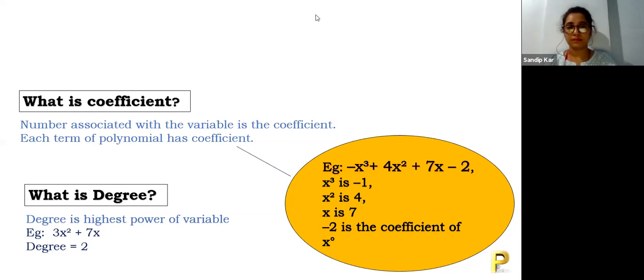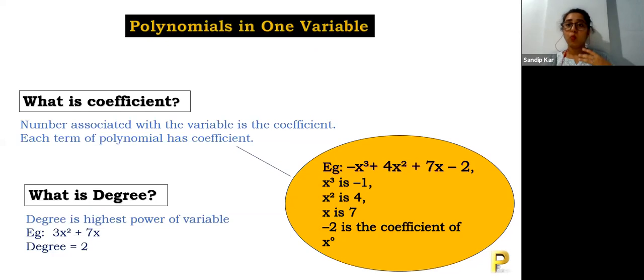Is it 1? No, it is 3, because among all four terms, 3 is the highest power. So 3 is the degree of this polynomial.